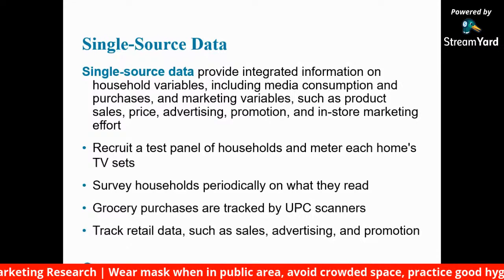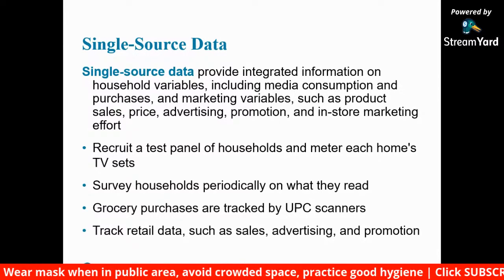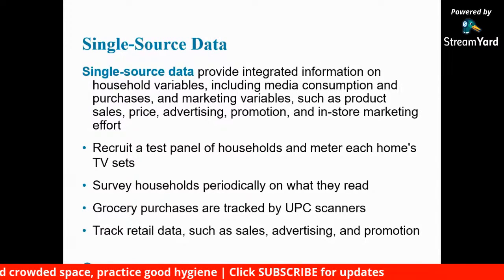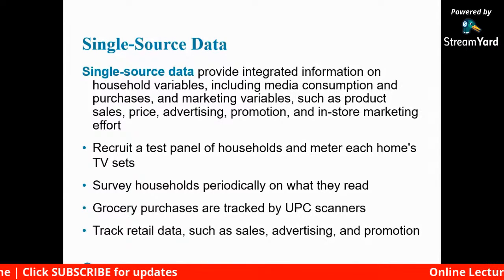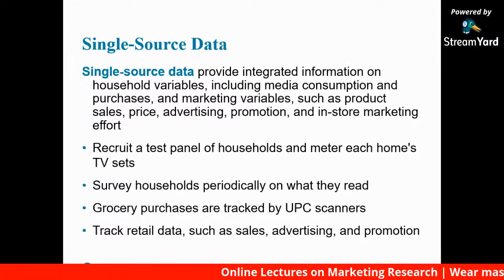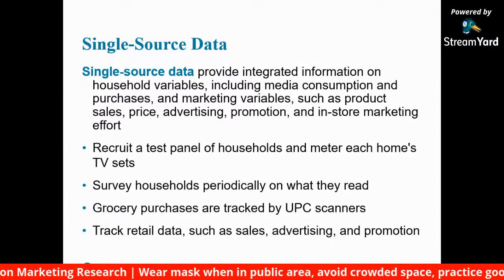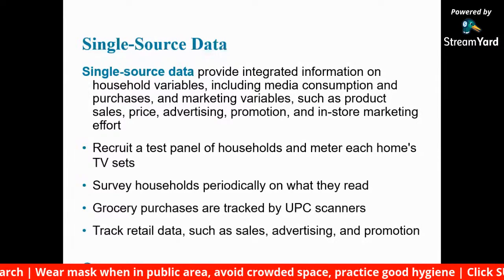Survey households periodically on what they read. Grocery purchases are tracked by UPC scanner. UPC means universal product code, obtained from the electronic scanner. Other things come from tracked retail data such as sales, advertising, and also promotion.